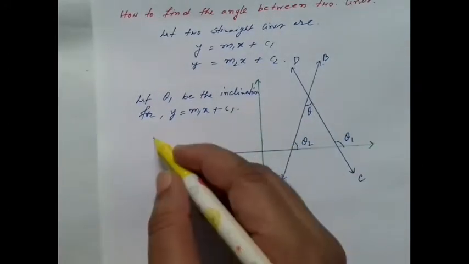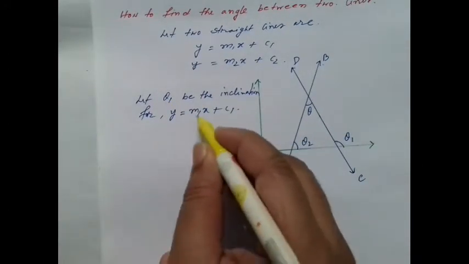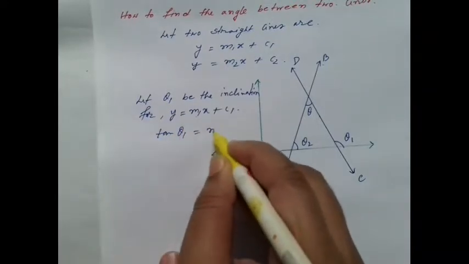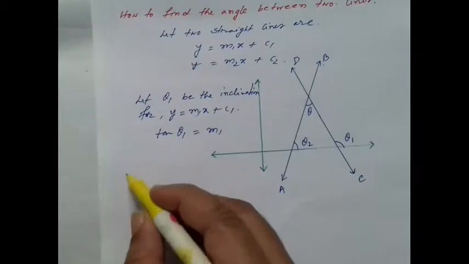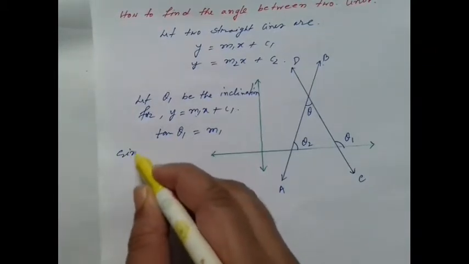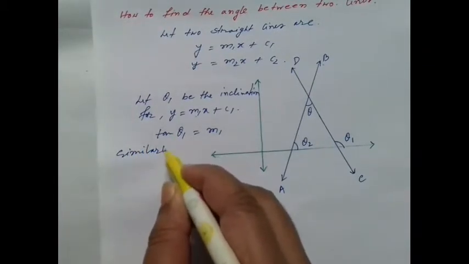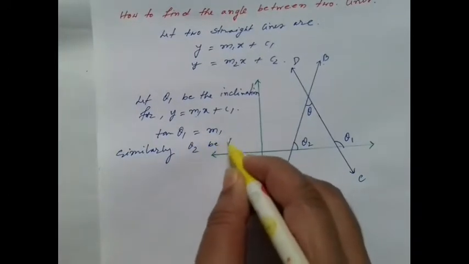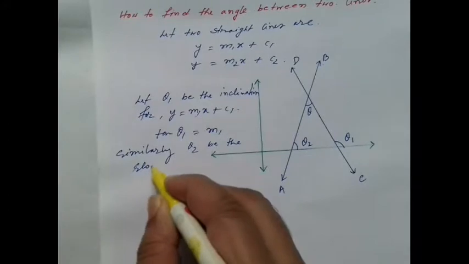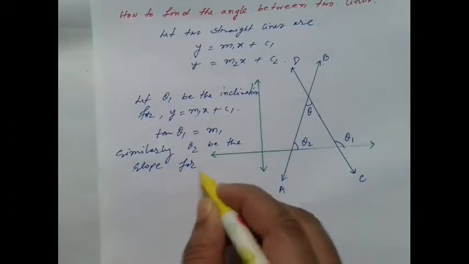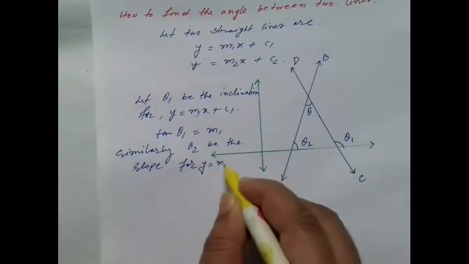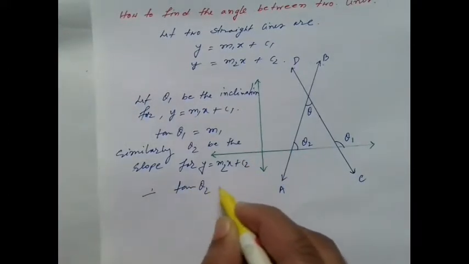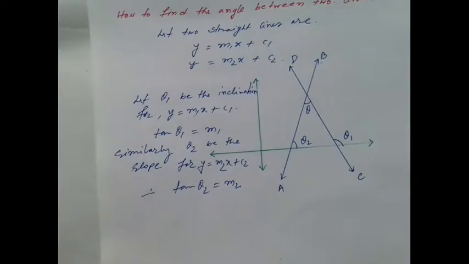As we have seen in the first video, m1 becomes the slope, so tan theta 1 equals m1. Okay, similarly theta 2 is the inclination with the slope for y equal to m2x plus c2. Therefore tan theta 2 equals m2.